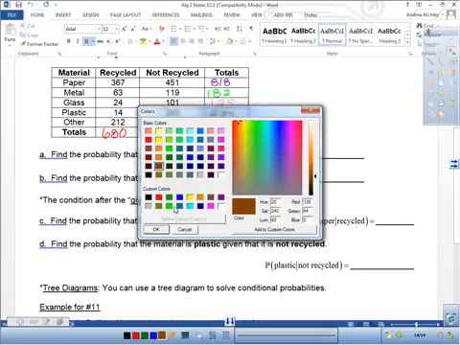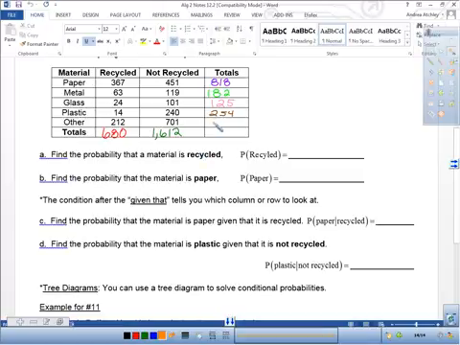I'm running out of colors. Oh, there. Thank you. Orange. Okay, class, what was this one? 913. Okay, and the total of everything? 2,292. Does everyone agree with all these numbers that we have? Okay, hopefully they're good.